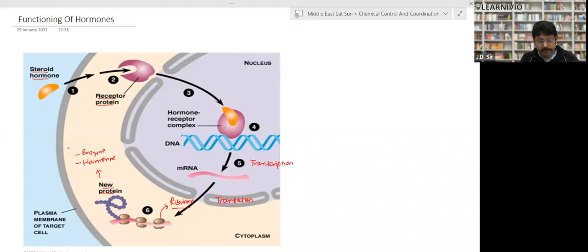Full stop. Next point. The hormone receptor complex causes the change in target tissues. Full stop.